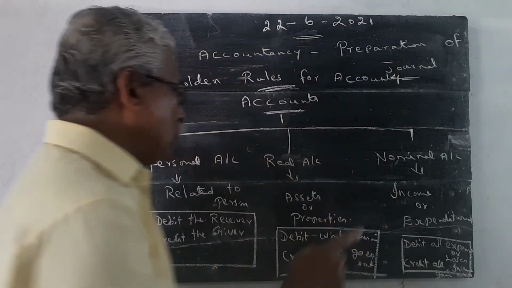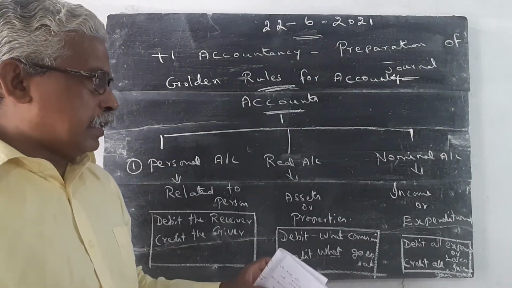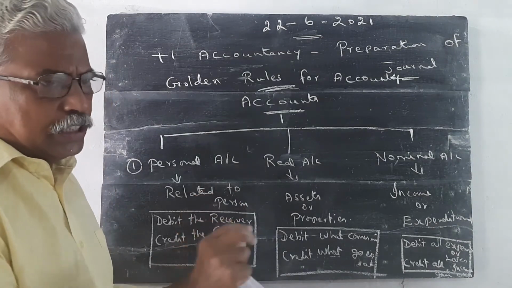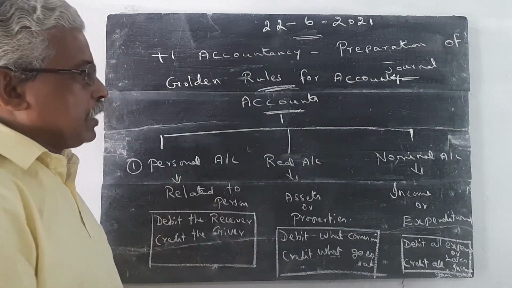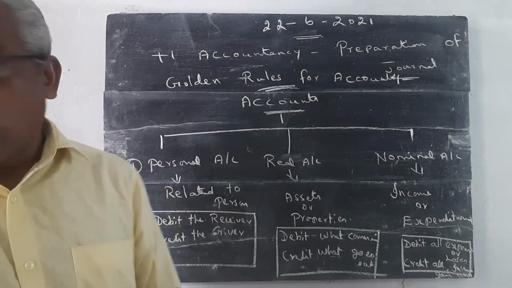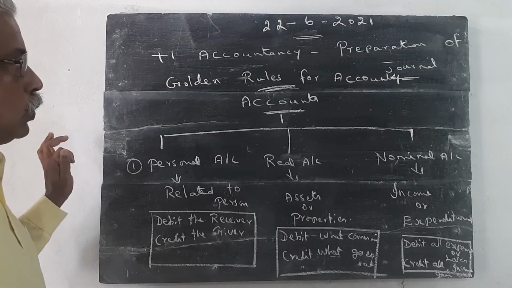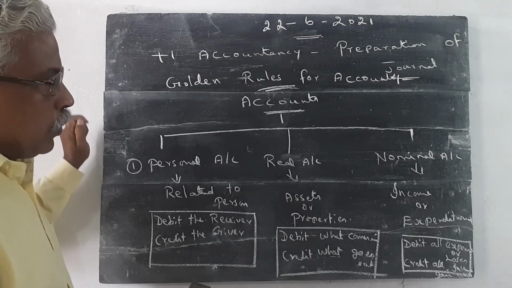These are the three golden rules of accounting. Dear students, I just completed up to this stage. Once again, I explain what we studied. This is the first class for those who are studying accounting.